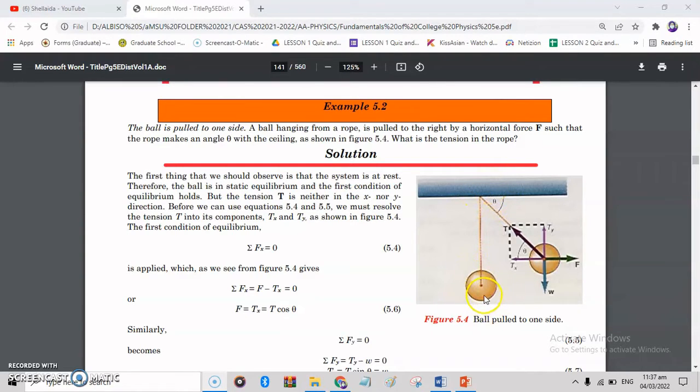Now, let us focus on the time when you pulled the ball and it now has an angle, it is angular. So, there is this force.